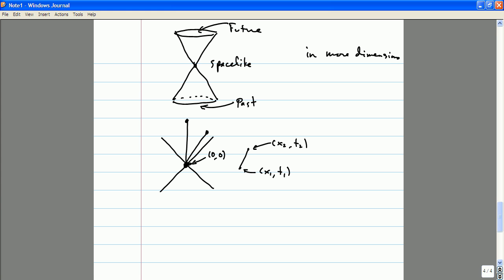Yes. If there are two events with respect to the origin, one in the future light cone and one in the past light cone, how can they? Good question.